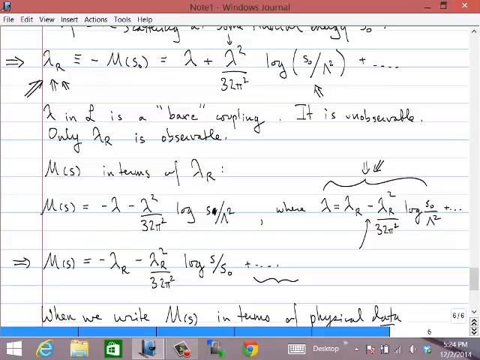And the reason is that lambda is not something that ever makes sense. So what you should really think is that the bare couplings in the Lagrangian just don't make sense. They're defined in terms of the theory where you really have one degree of freedom for every point in space-time.